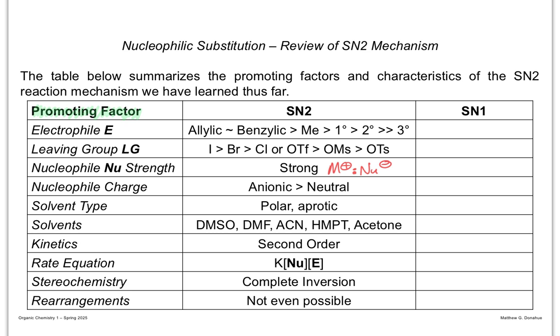Overall, if you identify the carbon bearing the leaving group, that is where the substitution is happening. Now, based on the classification of that, it either goes SN2 or SN1. For SN1, there are other things we have to consider in terms of the promoting factors, and it's going to go through a different intermediate in the mechanism.